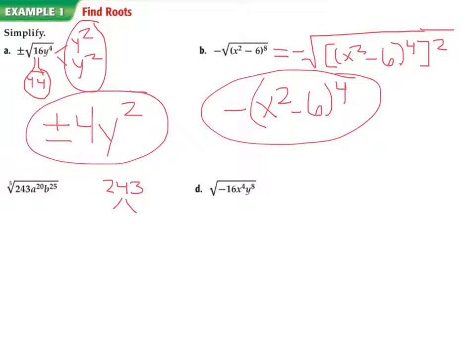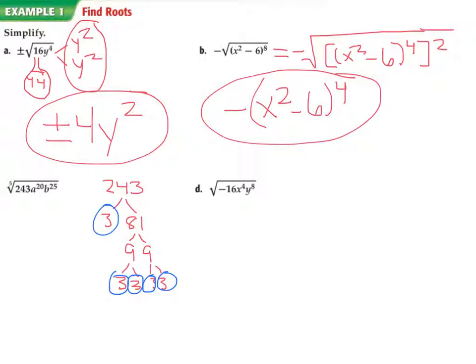If we take 243 and divide by 3, we're going to get 3 and 81. 81 can break down to 9 and 9, and of course we know that 9 can break down to 3 and 3. And now we see we have 1, 2, 3, 4, 5 3's, which means I can take one of my 3's to the outside.